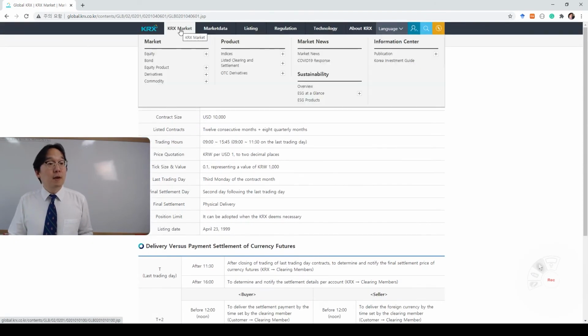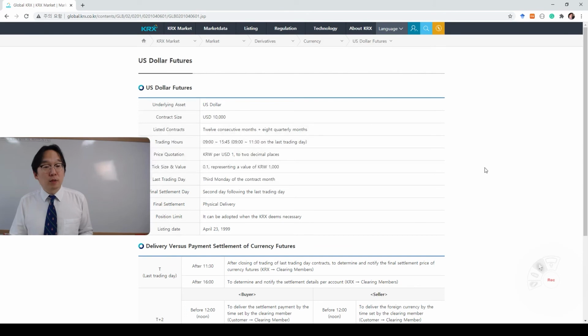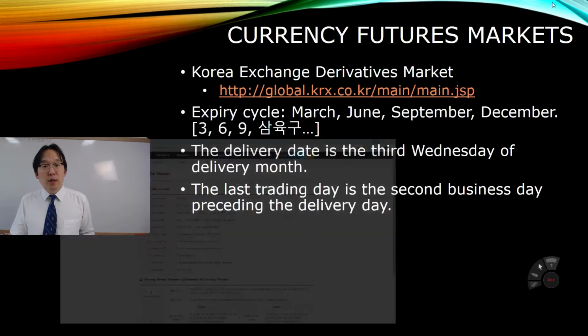And then market data is also there, and then derivatives, commodities, futures and options, current price, and then gold market, all this kind of commodity related information is also there. So that's basically what you can explore throughout this website.